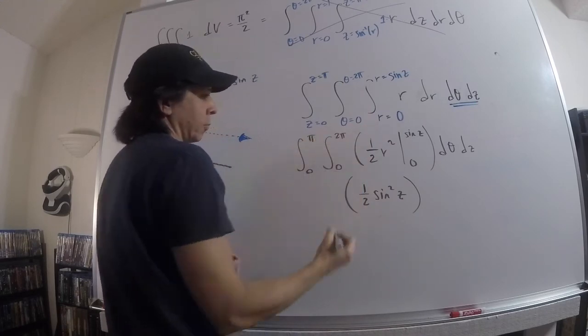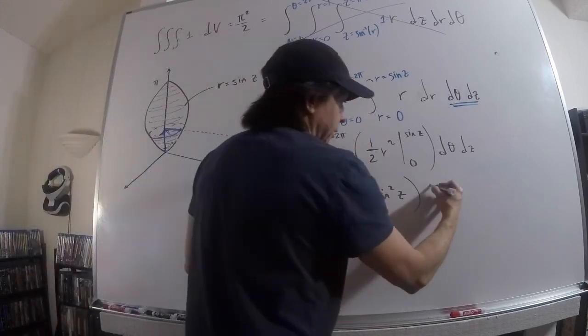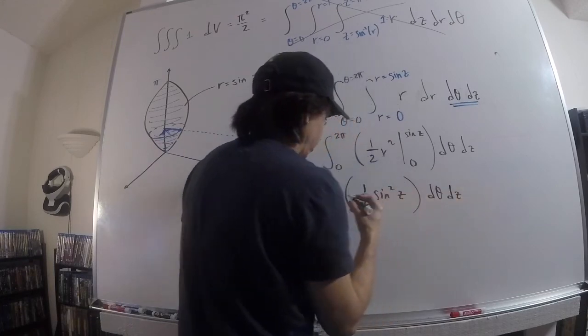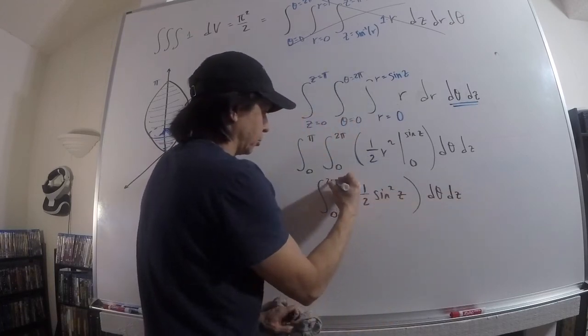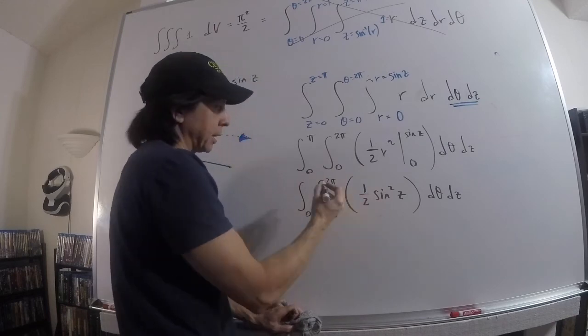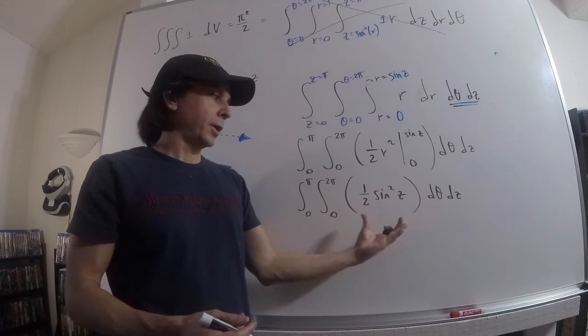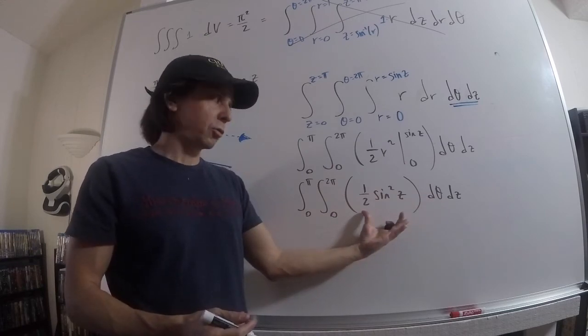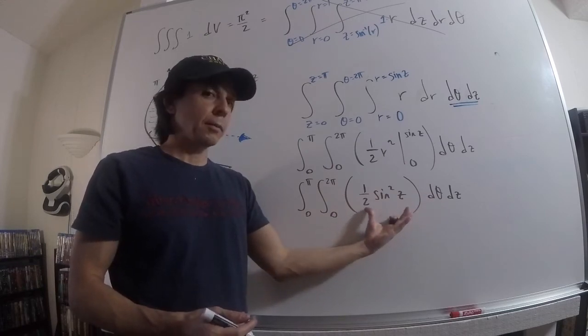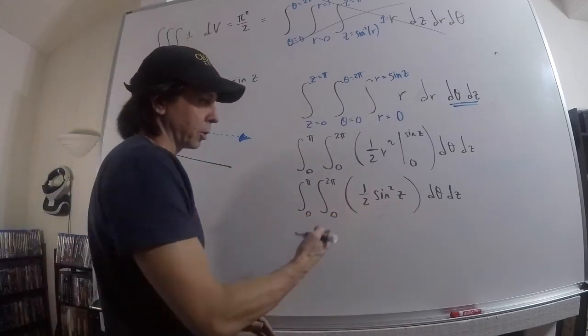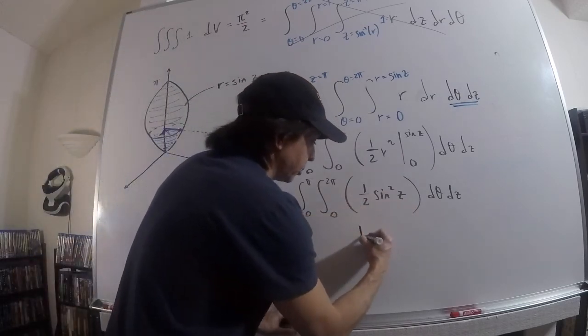Okay, next is with respect to theta, and that fancy thing that I just talked about, I said don't do, but it comes out clean here because you have to remember this is with respect to theta, and this is just a constant as far as theta is concerned. There's no theta here. Z is a constant when we do this integration. So what's your antiderivative of a constant?